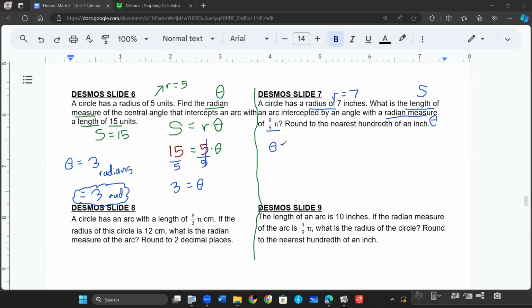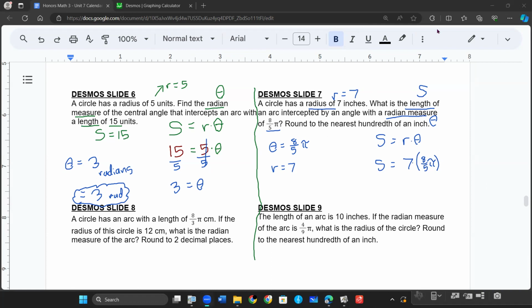Your theta is equal to 8/5 multiplied by pi. And we know that our radius is 7. So in this formula, S equals R times theta. We're trying to find S. We can plug in 7, and we can plug in 8/5 times pi. So this is already ready to be multiplied together.